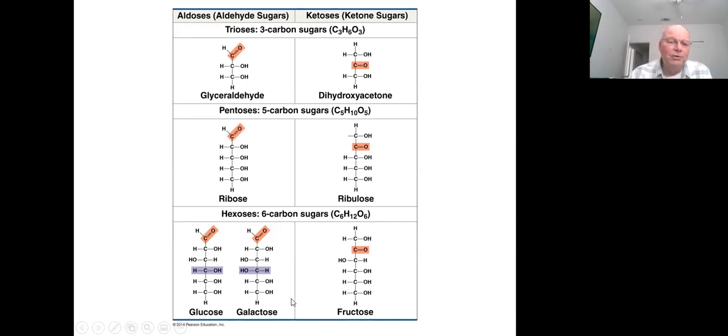But then notice that we've also highlighted, oops, go back, this carbon in glucose and another hexose called galactose. Both of them are aldoses, so these can't be structural isomers. So why highlight this? Well, notice the orientation of the hydroxyl group and the hydrogen on this carbon.